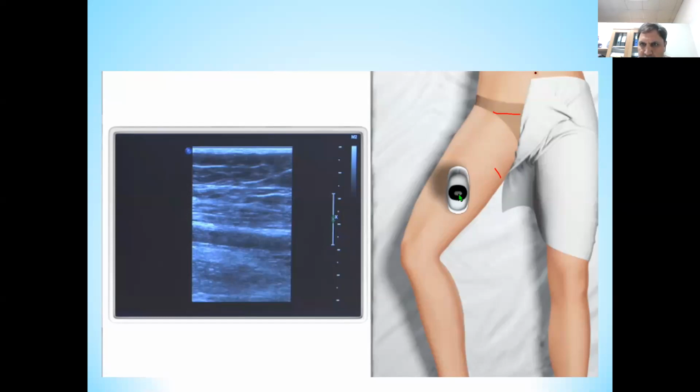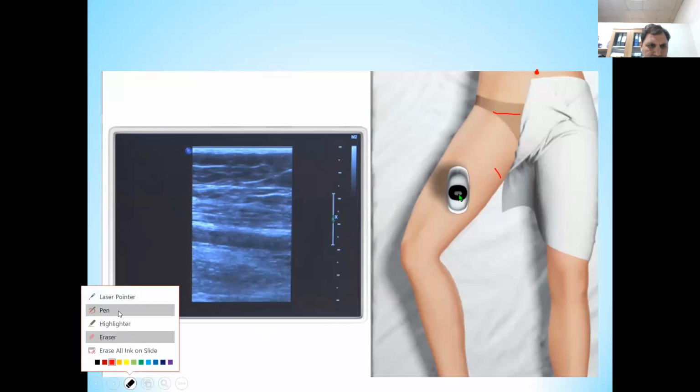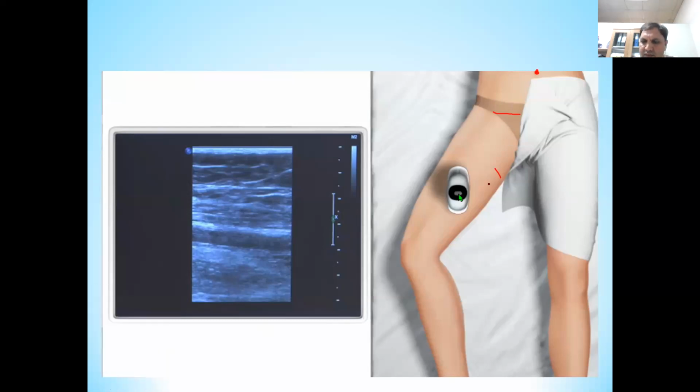Here you can see this is the umbilicus, and the bifurcation of the abdominal aorta takes place over here. Then it moves towards the inguinal region like this, and the other one like this.